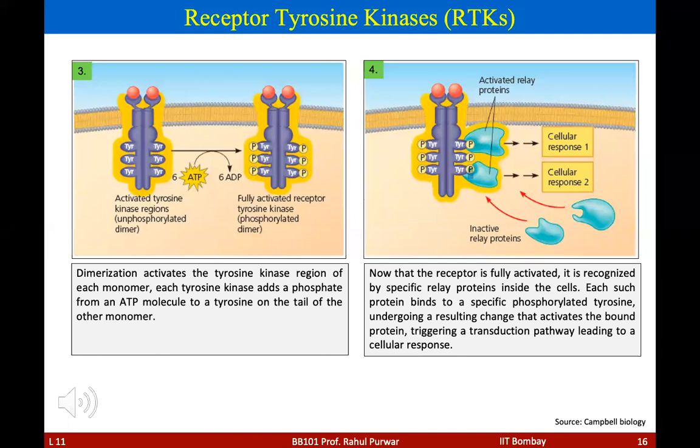So here, for example, these are the relay proteins, they're inactive, but once they bind to the phosphorylated tyrosine, they become activated, ultimately leading to different types of cellular responses.